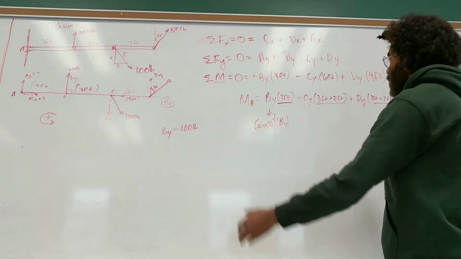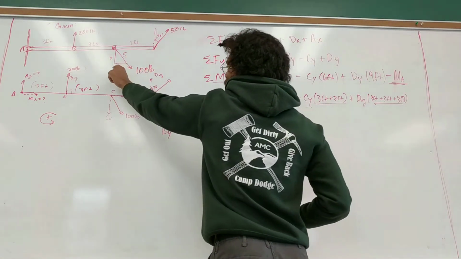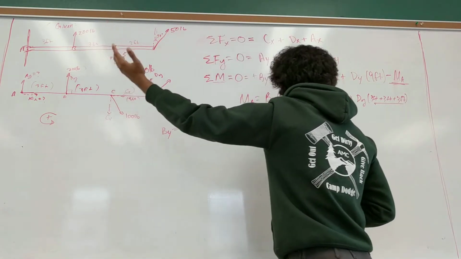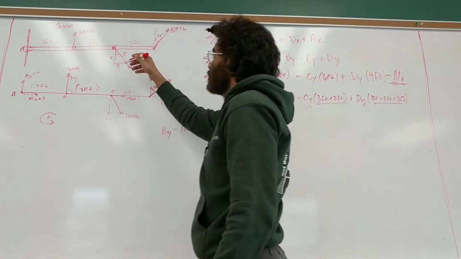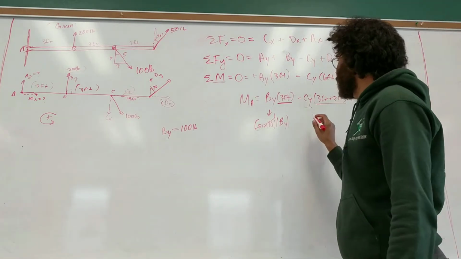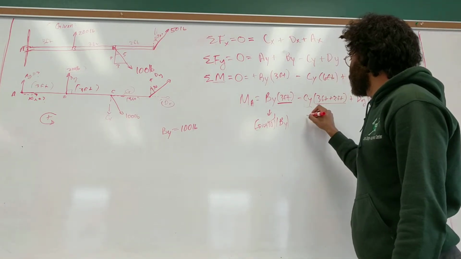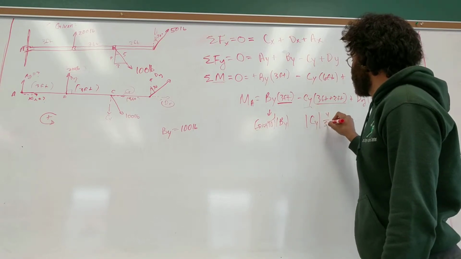All right, let's solve for C now. For C, we have a 3, 4, 5 triangle, right? We could find the angle over here, or we could simplify it to what we know about 3, 4, 5 triangles, which is that it would be the magnitude of CY times 4 over 5.